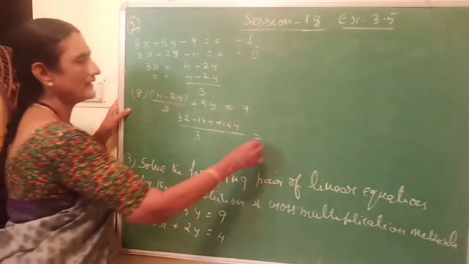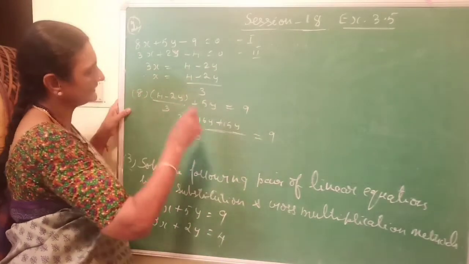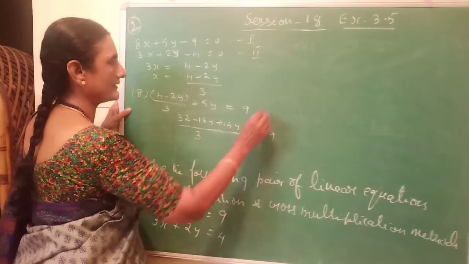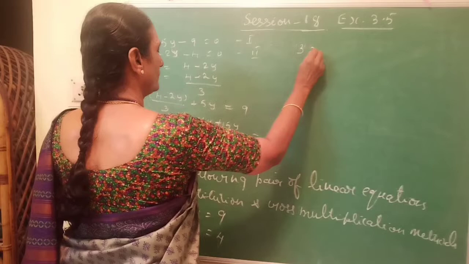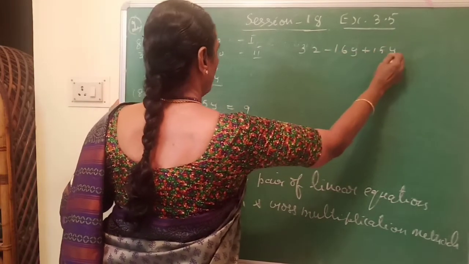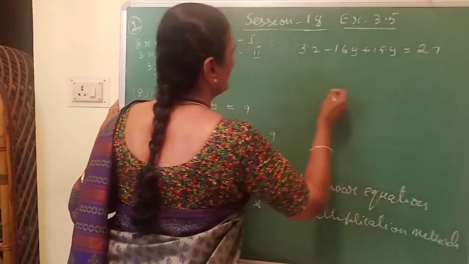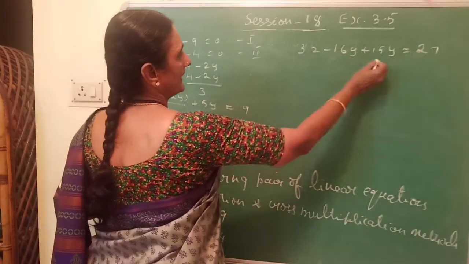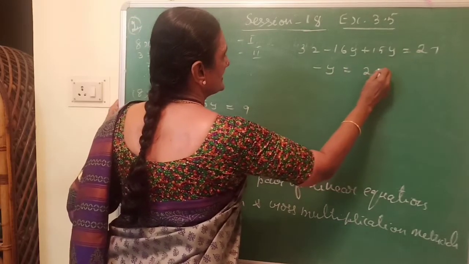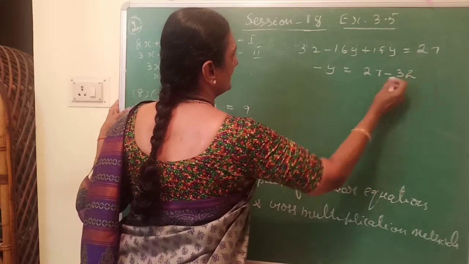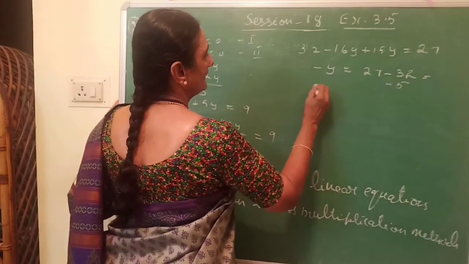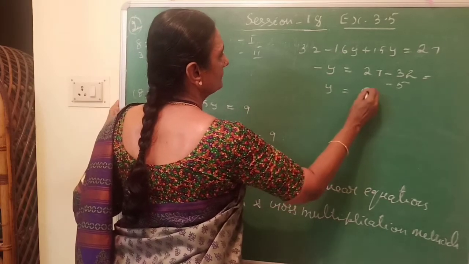Are you understanding? Now you cross multiply. Therefore you will get 32 minus 16y plus 15y is equal to 27. Therefore on subtraction these two will become minus y, and 32 goes to the other side. You will get 27 minus 32, that gives a value minus 5. Therefore your y value is equal to 5.